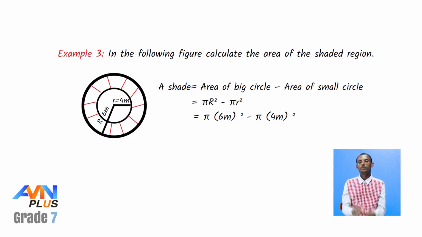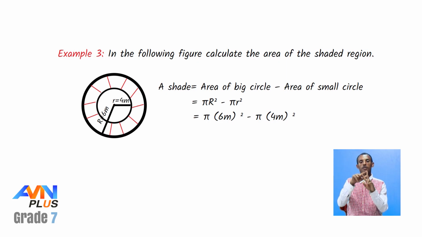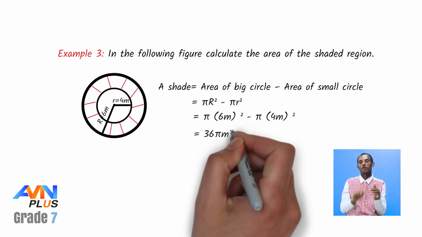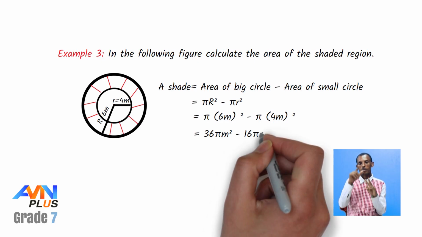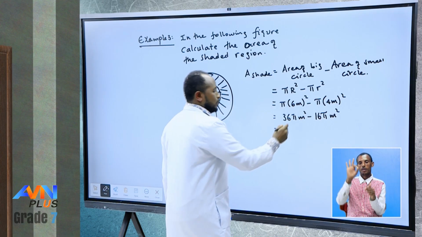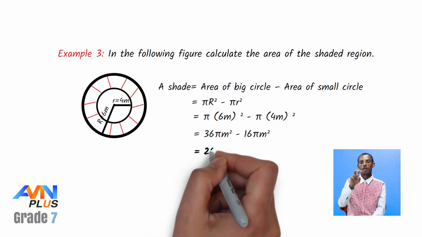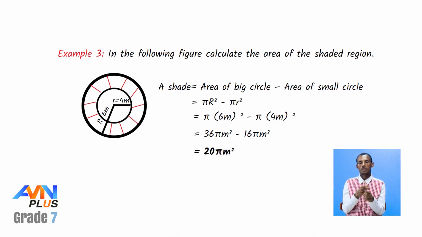That is 36 pi square meter minus 4 squared, 16, 16 pi square meter. When you subtract, 36 pi minus 16 pi is 20 pi square meter. Let's leave the answer in terms of pi. So, the area of the shaded region will be 20 pi square meter.